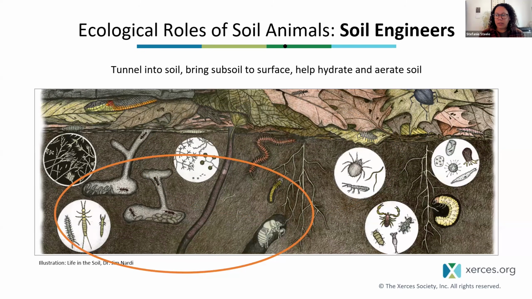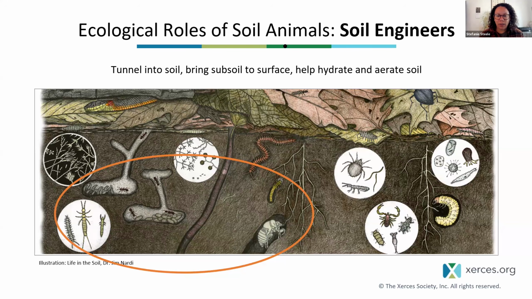And then similarly, we see some crossover between the soil enricher and those with the role of soil engineer animals. These soil engineers, most notably earthworms or ants and termites, are those that burrow or tunnel.